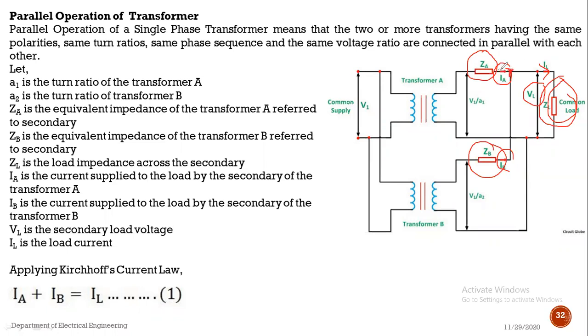The current supplied by transformer A is IA, then the current supplied by transformer B is IB. So the total current IL is equal to, what is the statement of KCL? The sum of all the currents meeting at a junction point is equal to 0, or the sum of incoming current is equal to the sum of outgoing current. Tell me how many outgoing currents and how many incoming currents there are.